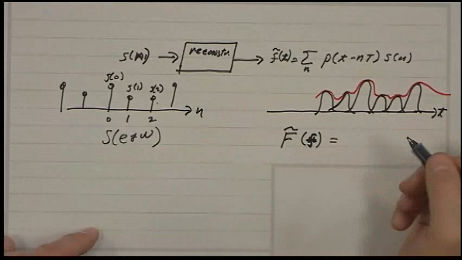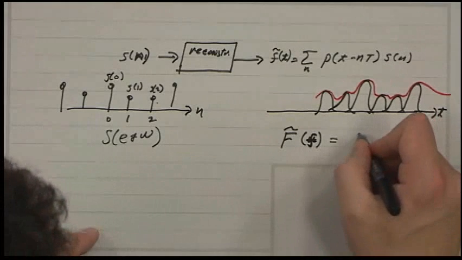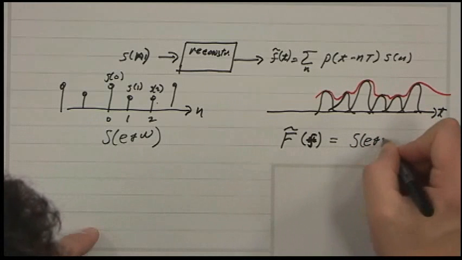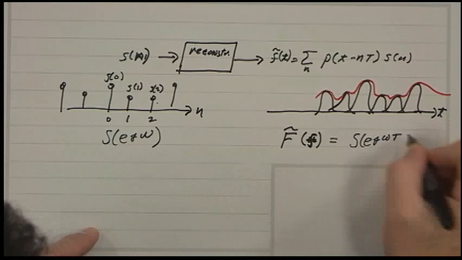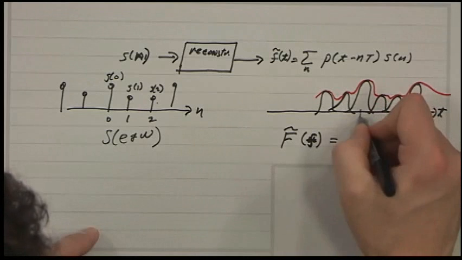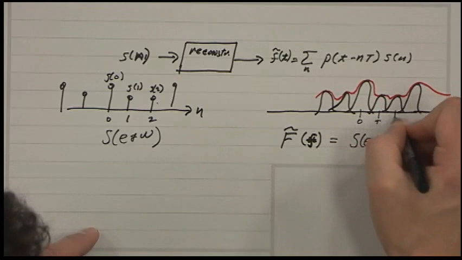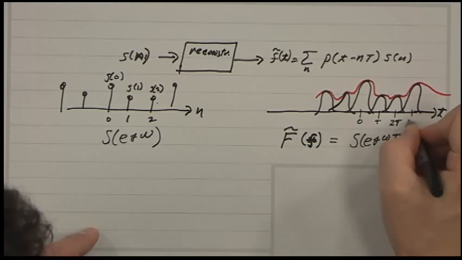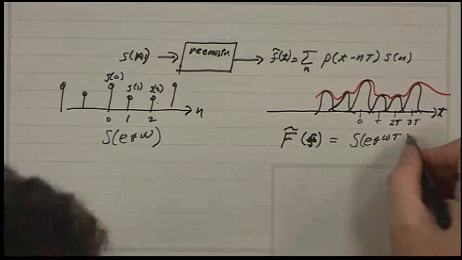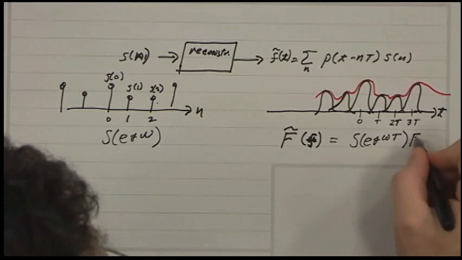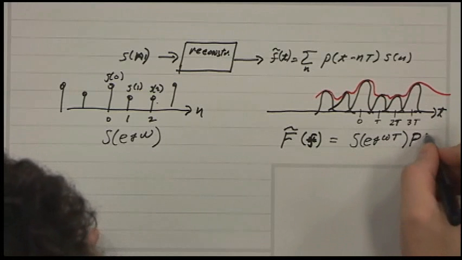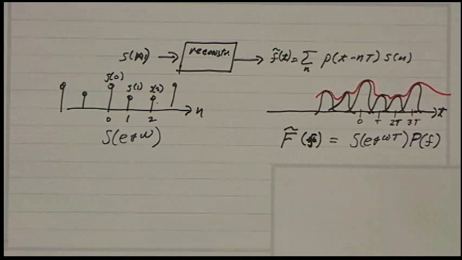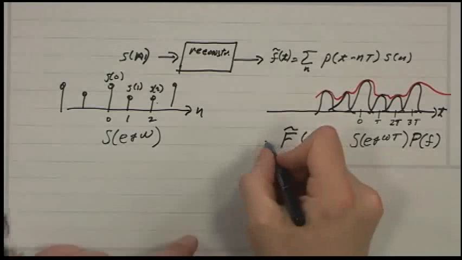This will be equal to S of e to the j omega t. Oh, and these values are like 0, t, 2t, 3t, right? This is omega t times P of f. So this is the Reconstruction Formula.